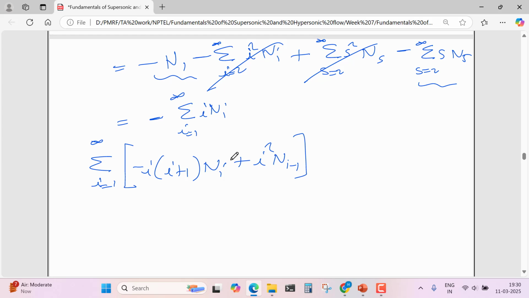This also we will separate: sigma i equal to 1 to infinity minus (i plus 1) n_i plus sigma i equal to 1 to infinity i square n_{i-1}.